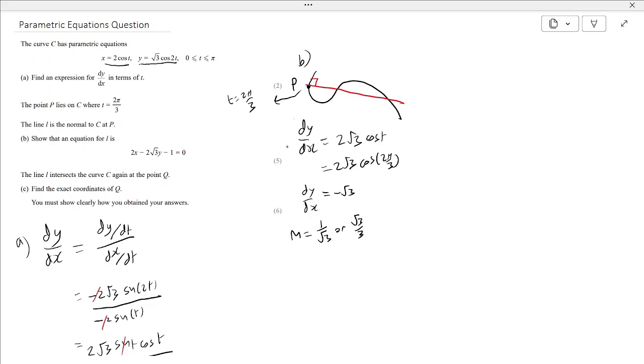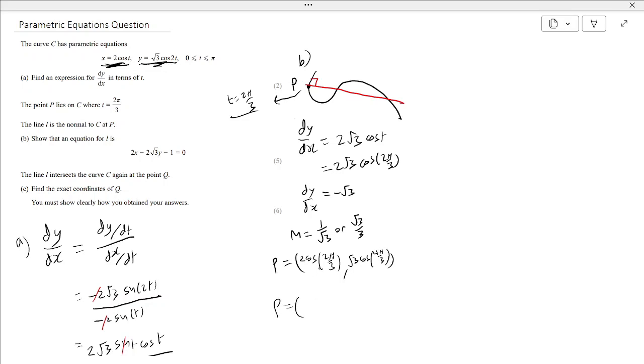Okay. Now, secondly, when you need the equation of a straight line, you need a point it goes through. So we're going to need the coordinates of point P. What we know about P is we know t is 2 pi by 3, and we actually know x and y both in terms of t. So if t is 2 pi by 3, x is 2 cos t, so 2 cos 2 pi by 3. y is root 3 cos 2t. 2t here, right, would be 4 pi by 3.